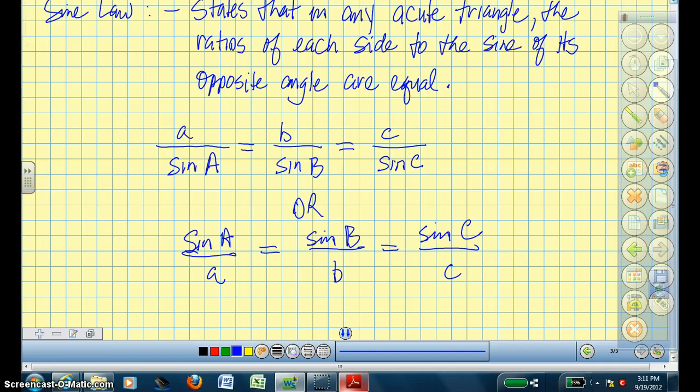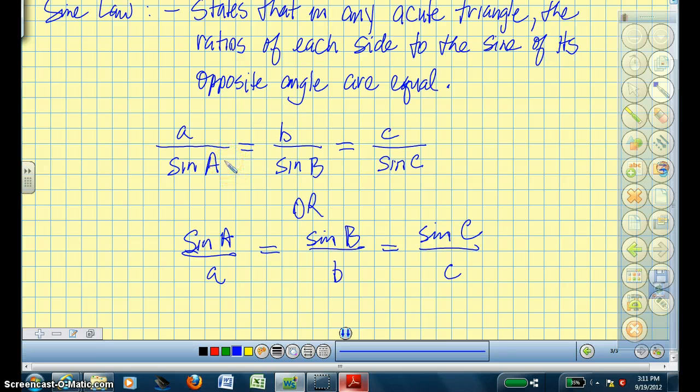So when you think back to grade 9 math, these are ratios, right? And when this ratio is equal to this ratio and they're equivalent, you have proportions going on, or these are all proportionate to one another and they all equal each other. That's essentially what the sine law is.